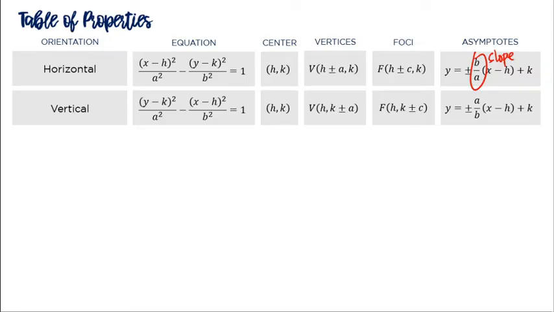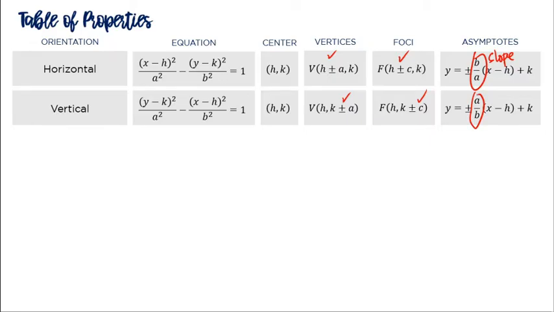Okay? So, from h plus minus a, magiging k plus minus a na siya dito. For foci, nagkabaliktad lang rin. Okay? So, h plus minus c sa horizontal. For vertical, we have k plus minus c. Okay? For the asymptote naman, nagkabaliktad lang yung numerator at denominator ng slope nito.